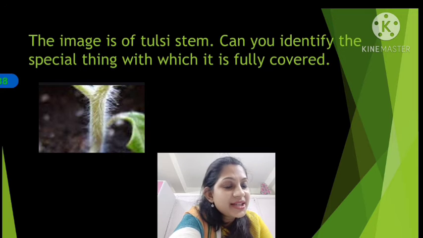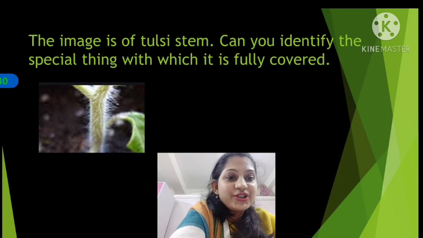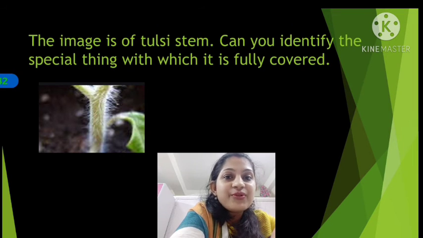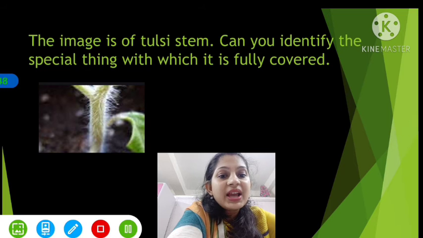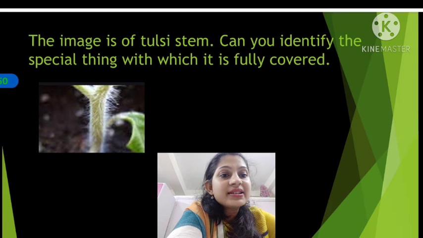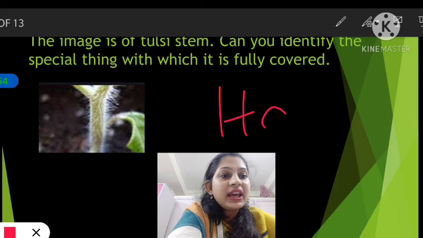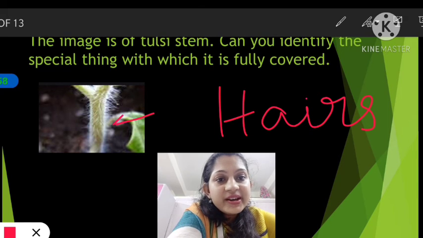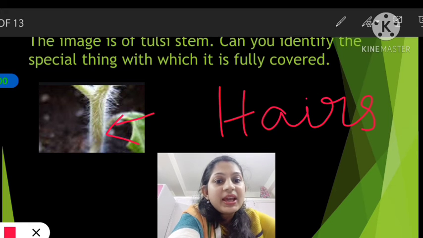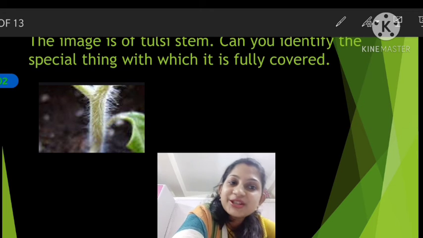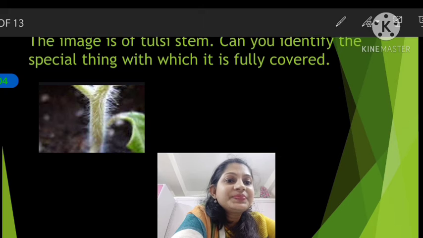Who can give me the answer? Children, I know many of you are ready with the answer, isn't it? Answer is hairs. Let me write it. H-A-I-R-S, hairs. You can see hairs present on the stem. And just a few minutes back, I explained this to you.